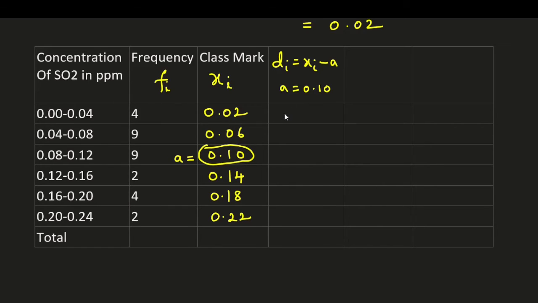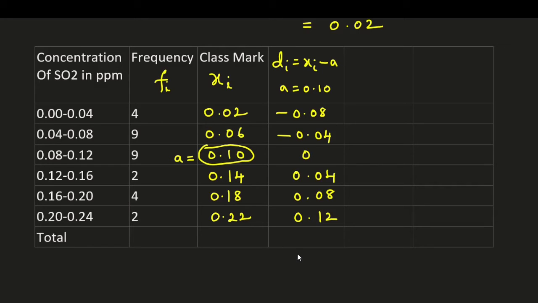So here deviation we get it as minus 0.08. Here the deviation is minus 0.04. Here the deviation is 0. Here 0.04. Here 0.08. Here 0.12.